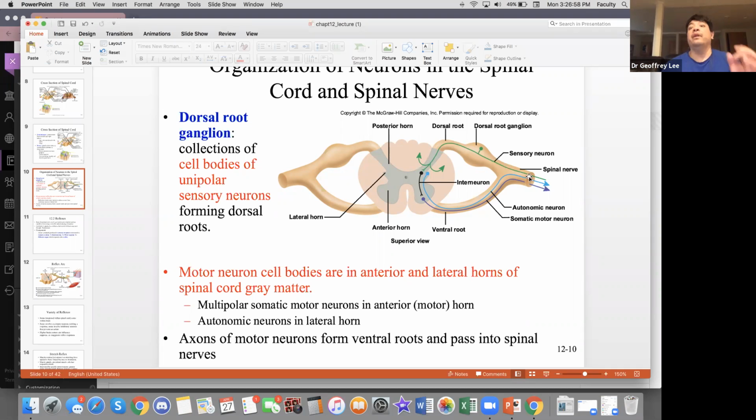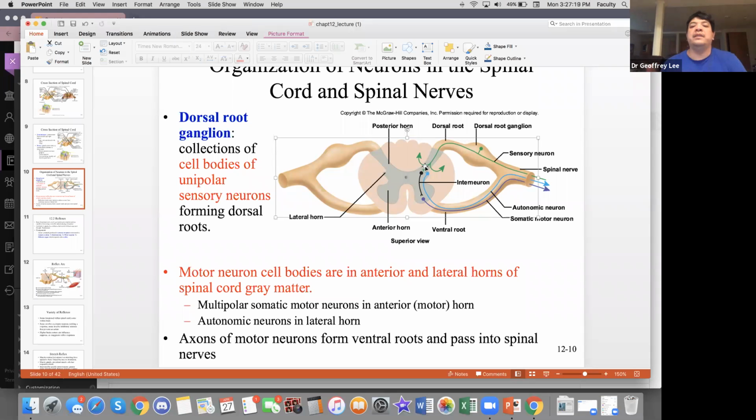So it's a very long axon. When you have pain sensation, you trigger the pain receptor, which causes your spinal nerves to fire an action potential. Then the neuron goes up your dorsal root and into the spinal cord.